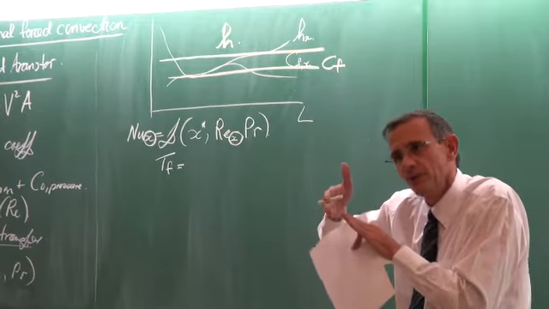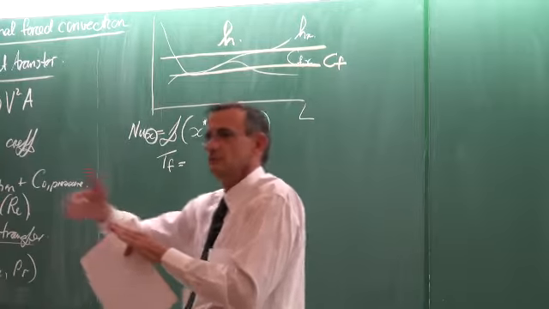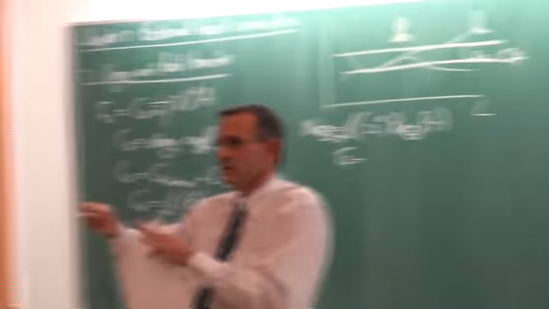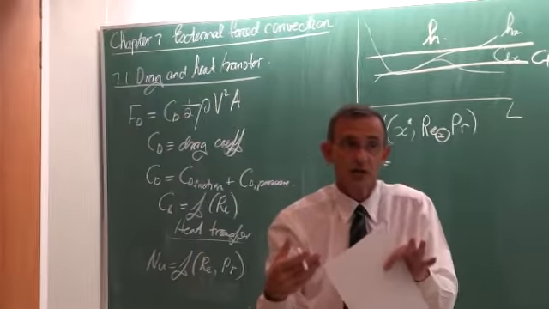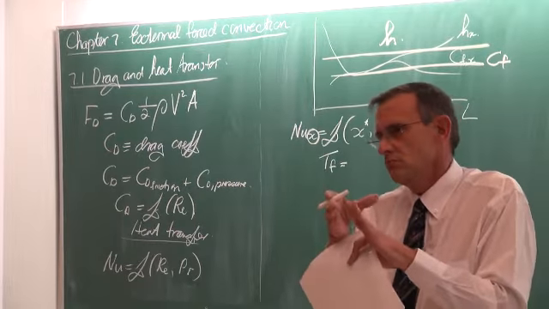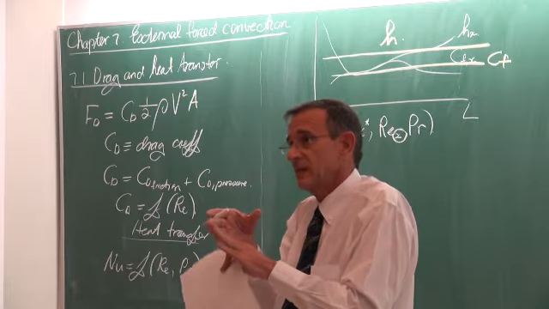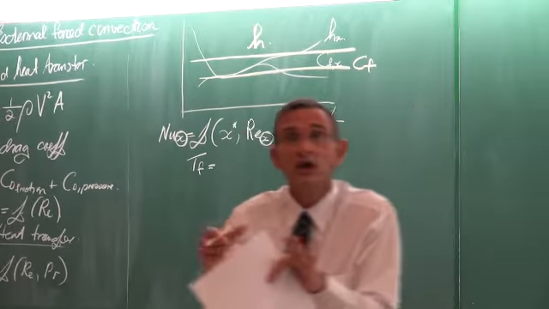So the fluid properties of density, viscosity, thermal conductivity, quite a number of them, are all functions of temperature. If the delta T's are low, then the functions are not that critical. If it's very large, then it can be quite large.